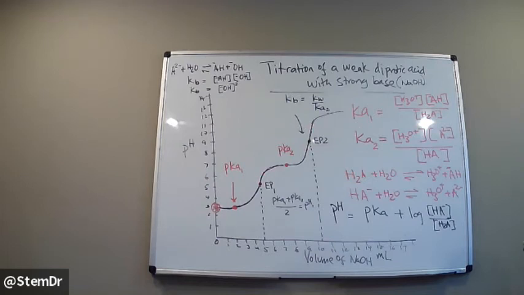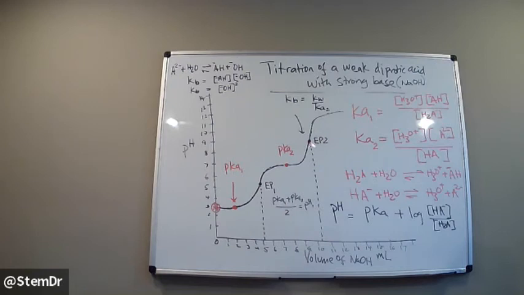Here you see 2 points, end point 1 and end point 2. That means the neutralization of the first proton requires that much volume of sodium hydroxide at a certain concentration. That gives you the first mole of sodium hydroxide that is neutralizing the first proton.